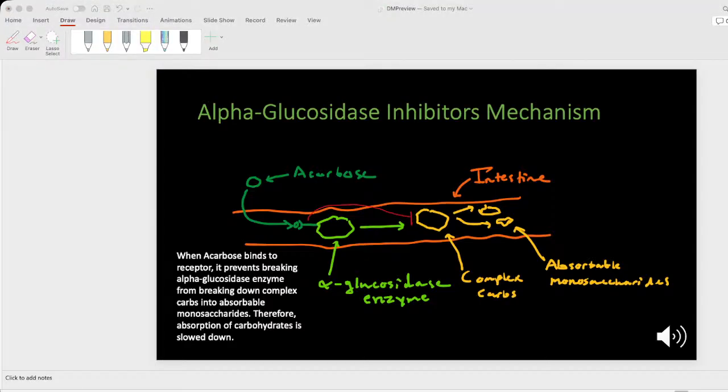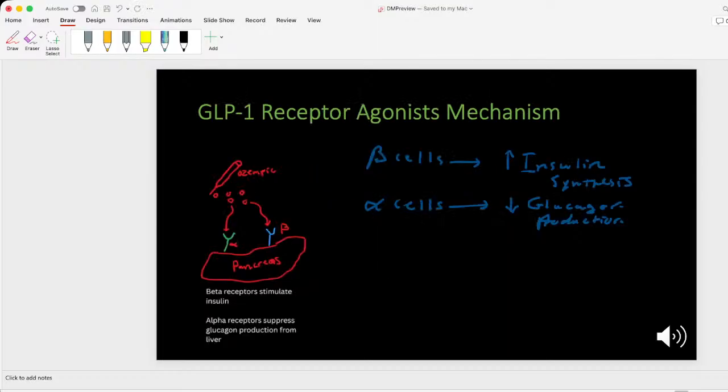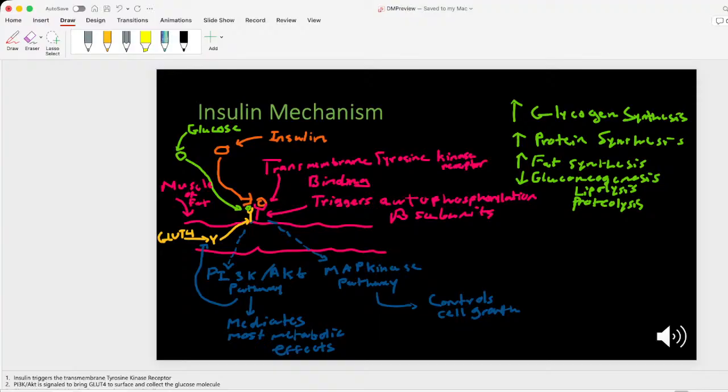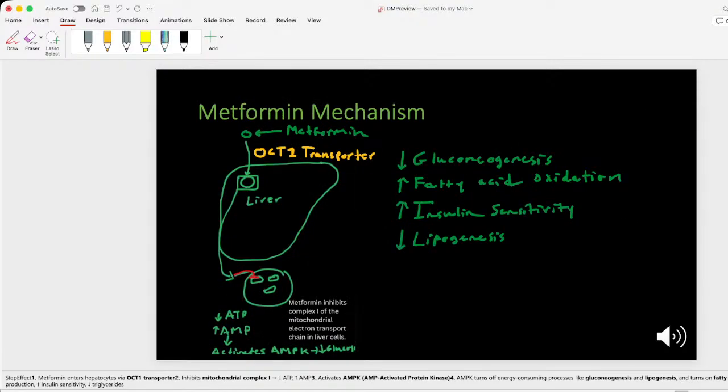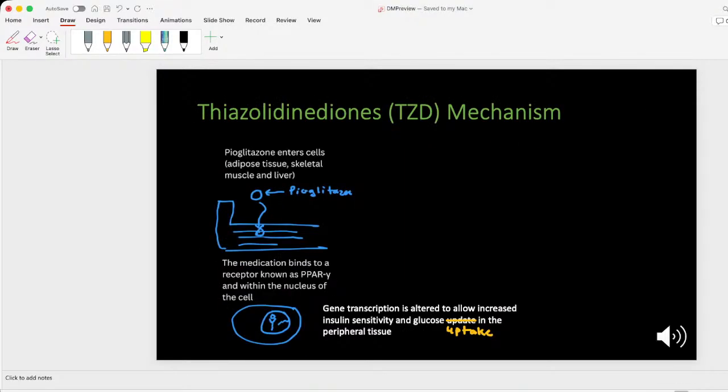Does anyone have any questions so far on this presentation? I know that one of the slides might have been a little bit confusing to you, so I just wanted to help clear it up. But if you guys have any questions on any of this content, feel free to let me know. I find some of these slides a little bit less informative.